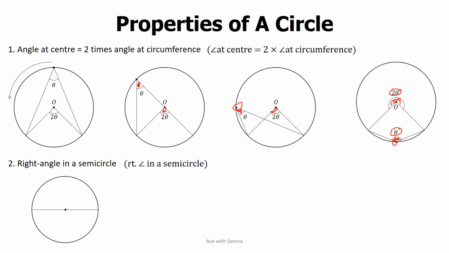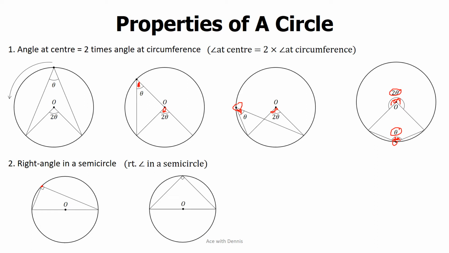So this line is the diameter of the circle, and this point is the center O. The diameter is the hypotenuse of a triangle where its another vertex touches the circumference of the circle. So if this is the case where the diameter is the hypotenuse, then it is a right-angled triangle.